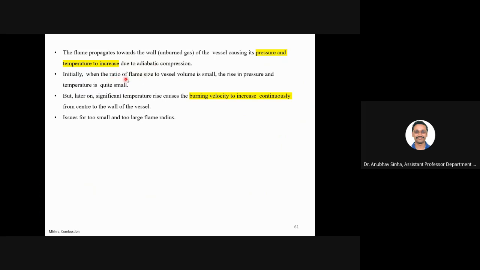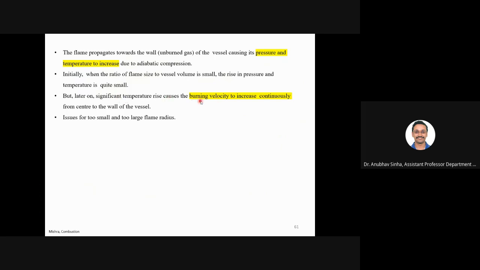Now, when this flame is very small initially, at that time, there will be pressure change and temperature change inside the flame, but on an average, for the vessel, when you talk about ambient conditions, there is a very negligible change in temperature and pressure. So, for a smaller flame radius, we get somewhat accurate, or more accurate results. Okay, so the pressure we can assume to be whatever the initial pressure was, right?